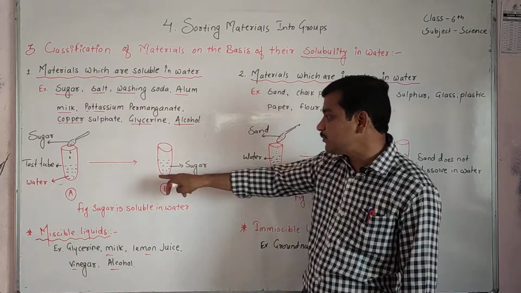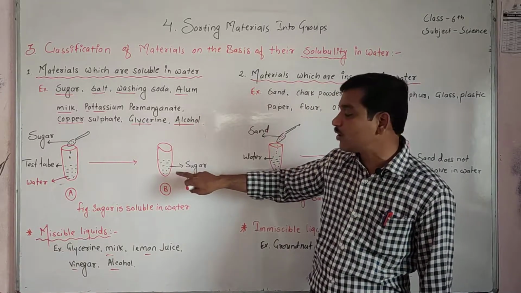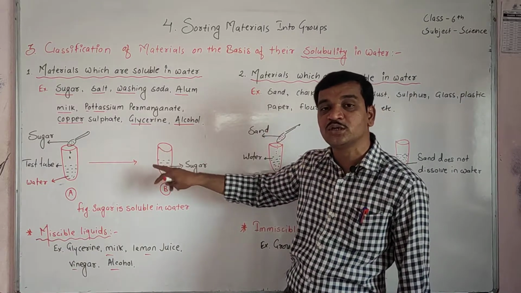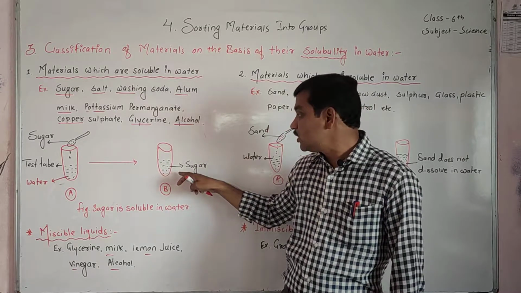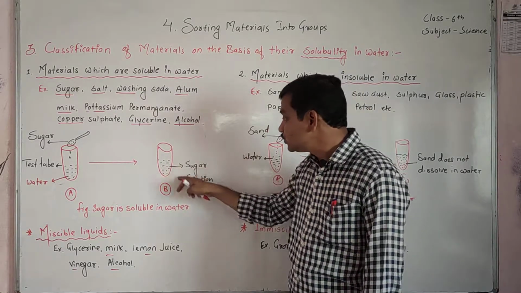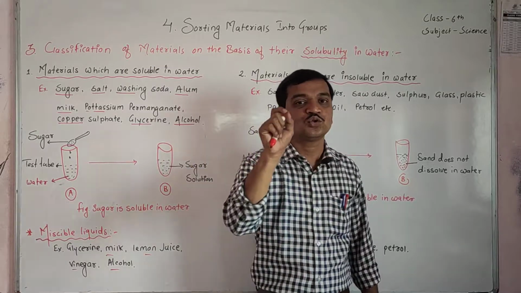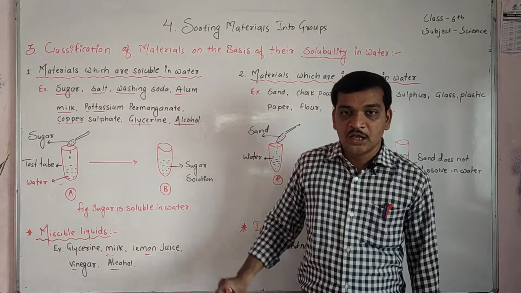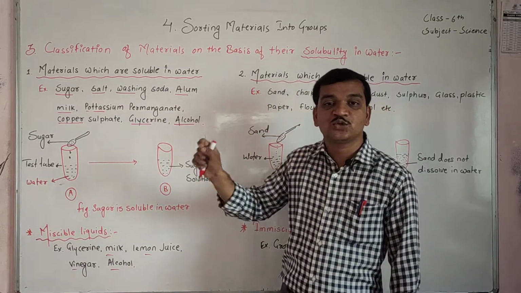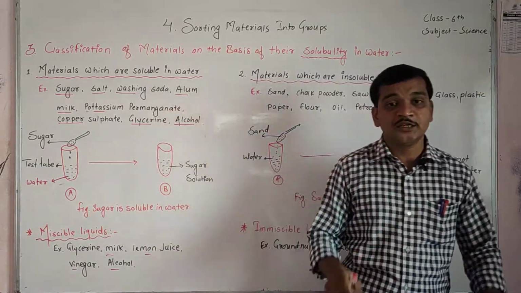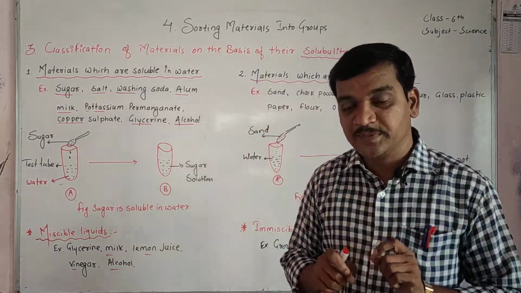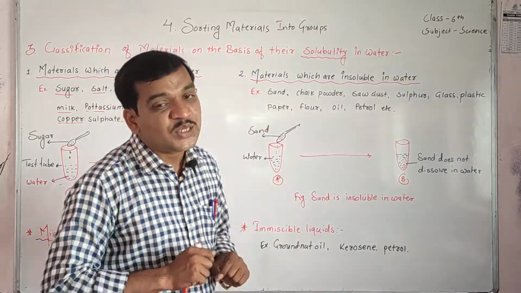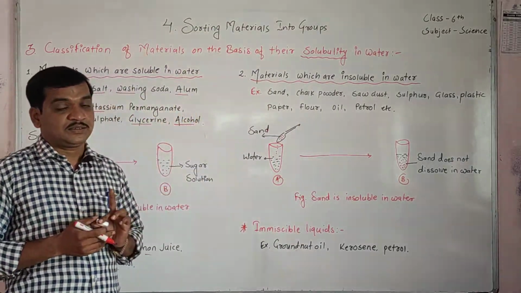You cannot see the sugar particles, which means the sugar has completely dissolved in water and formed a sweet solution, called sugar solution. This indicates that sugar is soluble in water.